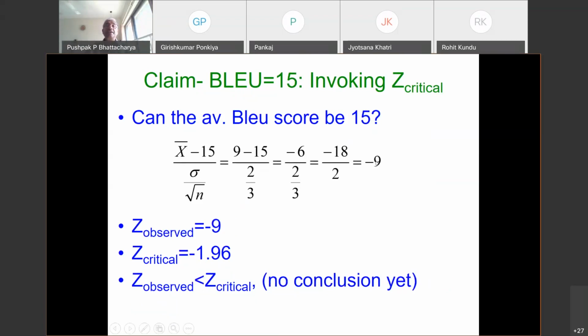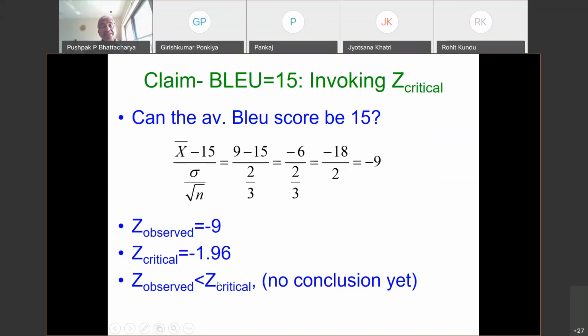Take another question, which is, can the blue score be 15? I can deal with this situation. X bar minus 15 by sigma by root n. 9 minus 15 by 2 by 3. That gives me minus 9. Now, Z observed is minus 9. Z critical on the negative side is minus 1.96.